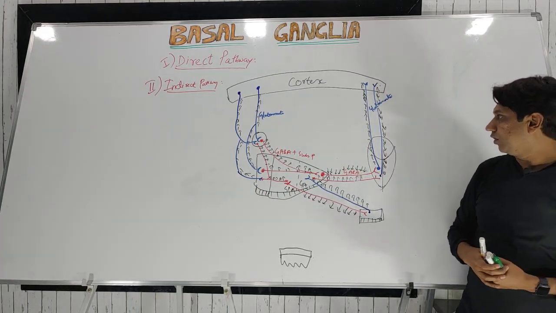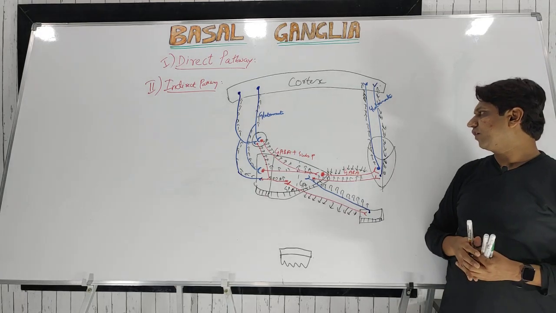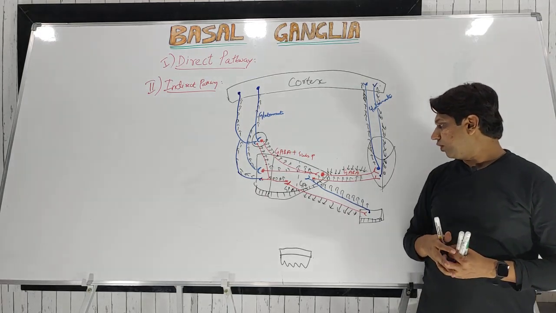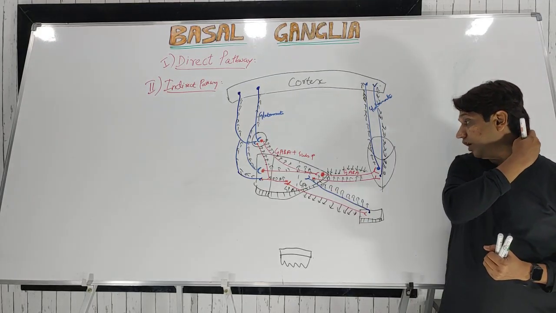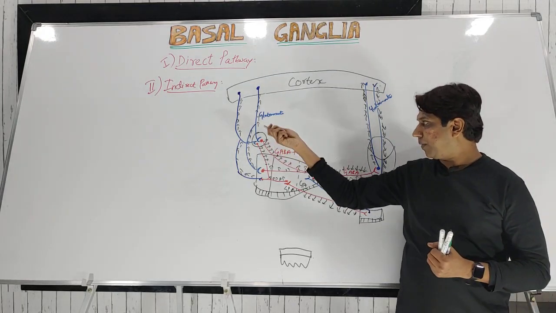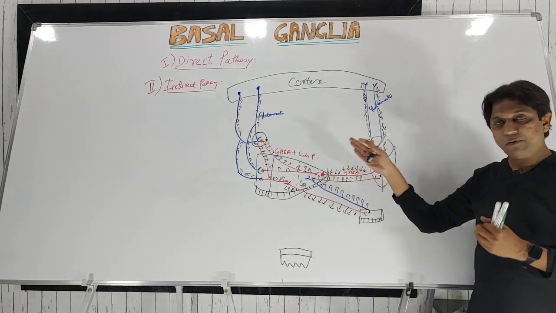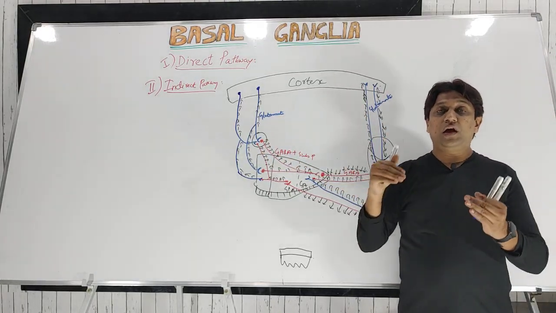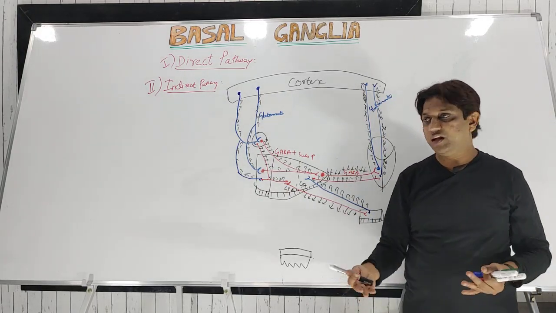Both the direct and indirect pathways function together for the initiation and maintenance of voluntary movements. If there is damage to the direct pathway, it causes hypokinesia, a decrease in voluntary movements, or akinesia.